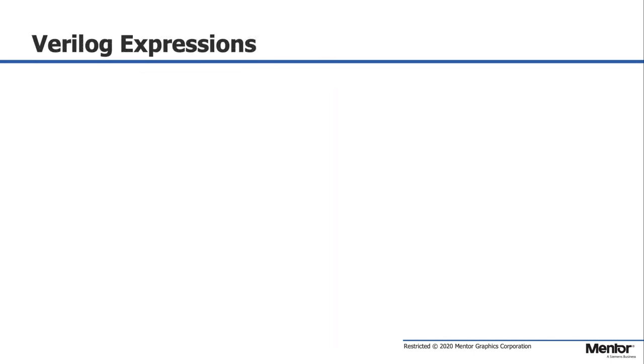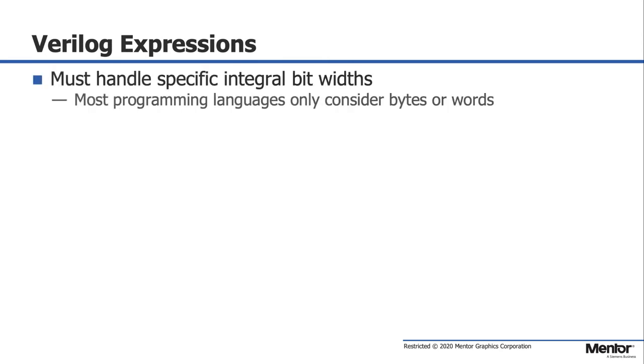So let's take a look at what's so special about a Verilog expression. I think the biggest part of a Verilog expression is that it must handle specific integral bit widths, whereas most programming languages consider only bytes or words. And so you have lots of expressions dealing with different bit widths, and that all has to get reasoned into the operations.